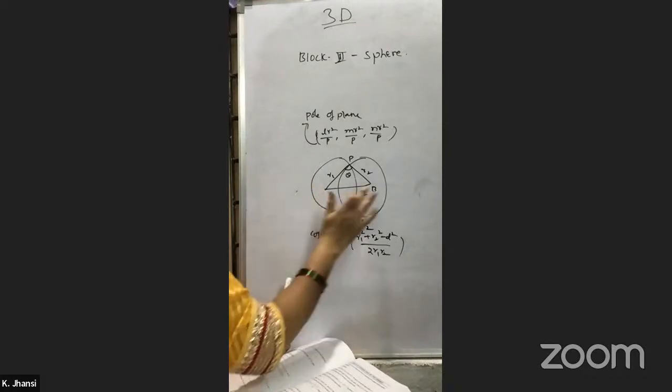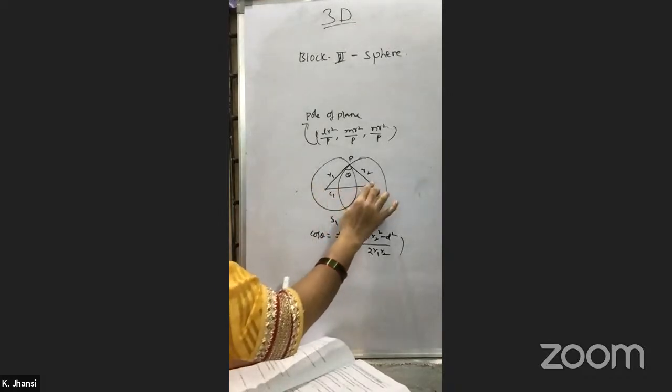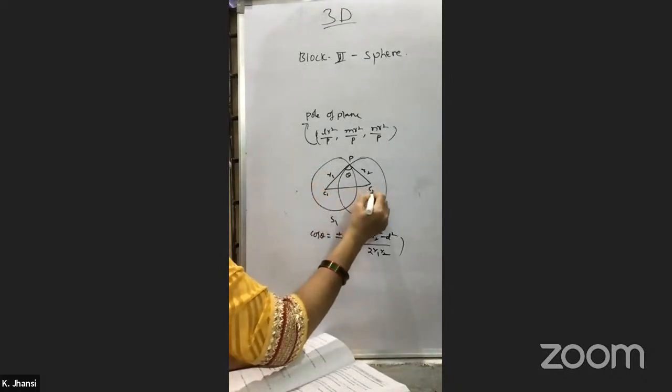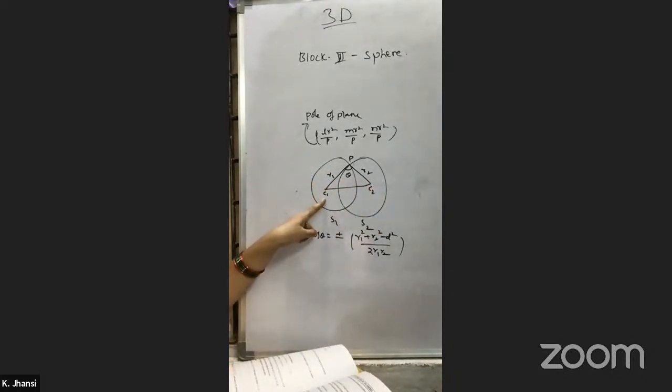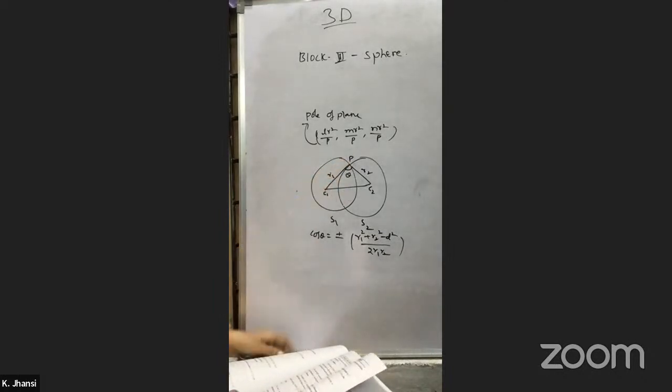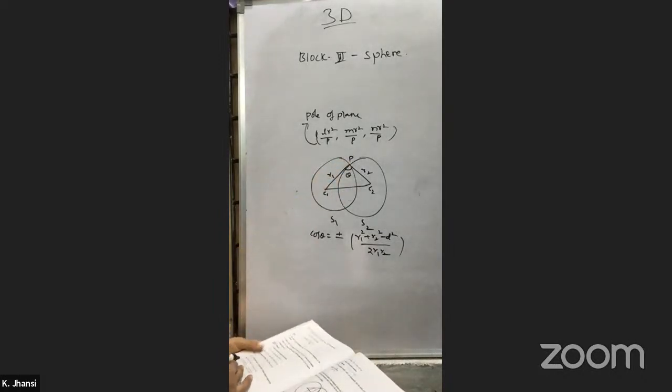Sorry, don't write AB, it is C1, C2, the centers. Center of the sphere C1 has radius R1, center of the sphere C2 has radius R2, theta is the angle, and they are meeting at the point P. So then the formula is this one.